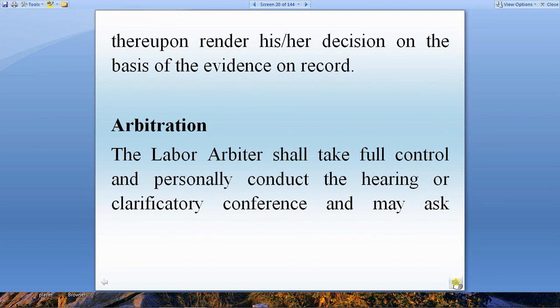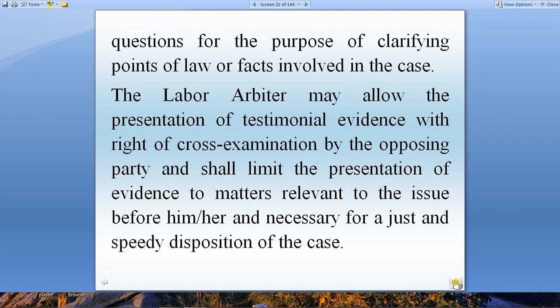Now, for arbitration, the Labor Arbiter shall take full control and personally conduct the hearing or clarificatory conference. Now, during the arbitration proper, siya ang may karapatan, siya ang maghuhusga, and may ask questions for the purpose of clarifying points of law or facts involved in the case. Now, the labor arbiter may allow the presentation of testimonial evidence with the right of cross-examination by the opposing party and shall limit the presentation of evidence to matters relevant lang sa issue for the speedy disposition of the case.